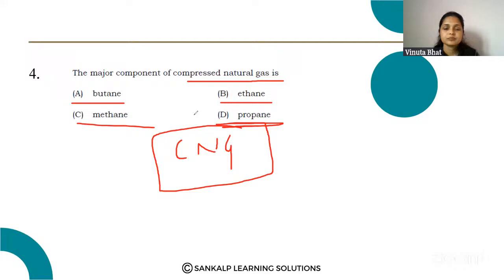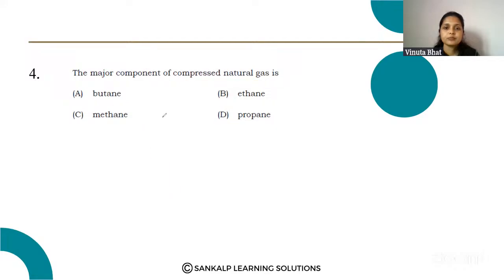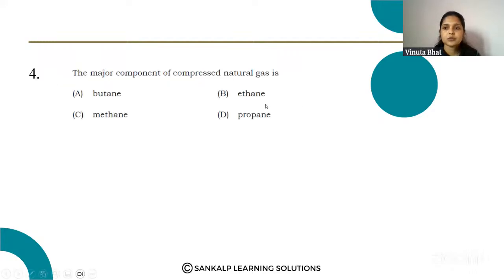Compressed natural gas contains methane gas. Option C, methane. Please note down the answer. The major component of compressed natural gas is methane.